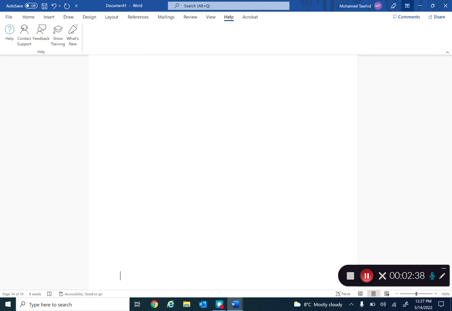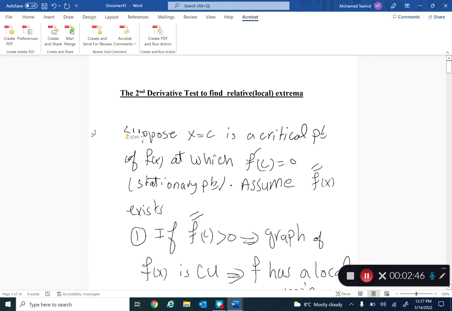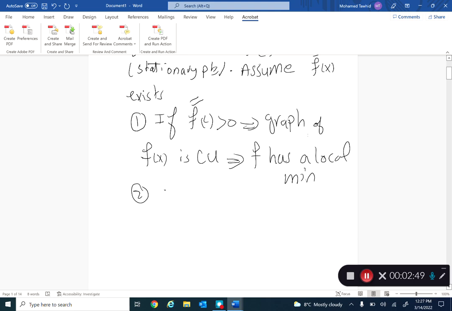If I return back up here, if the first case has a local min, what is case number 2?